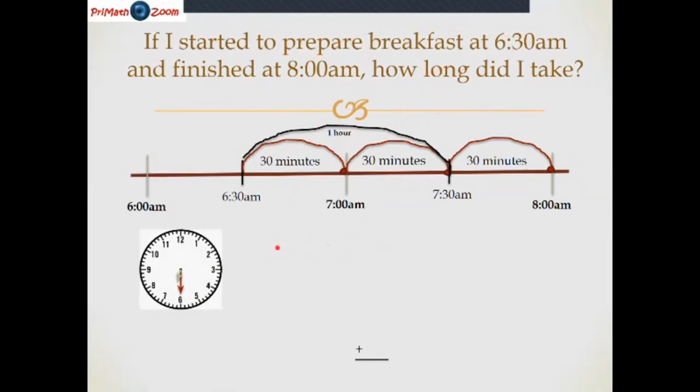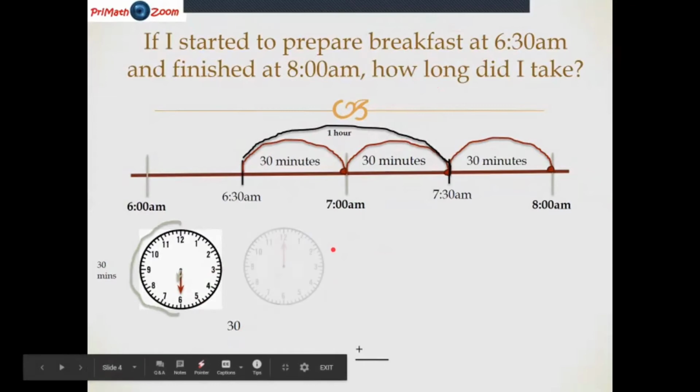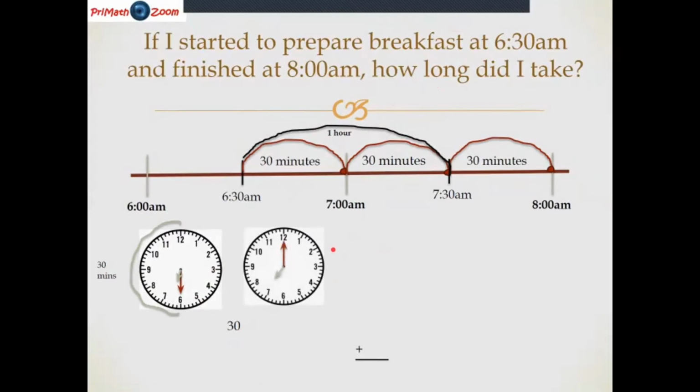So from 6:30 a.m. to 7 a.m. is 30 minutes. So here we have our 30 minutes. From 7 a.m. to 7:30 a.m., it's another 30 minutes. So we have 30 minutes plus 30 minutes to give us 60 minutes, which is the same as 1 hour.